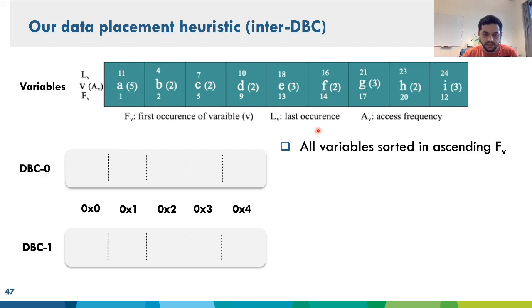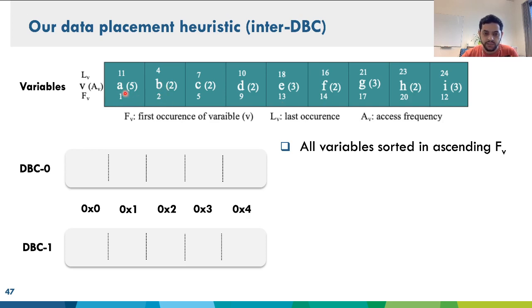Let's look at the same example and see how it works. As I said, we take all the information that we have and sort all variables based on their first occurrences. For instance, A was accessed initially at location 1, the first occurrence of B is 2, and so on.